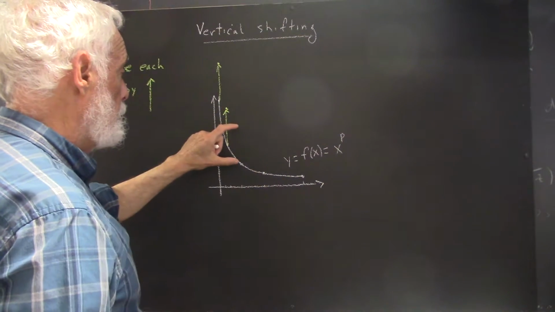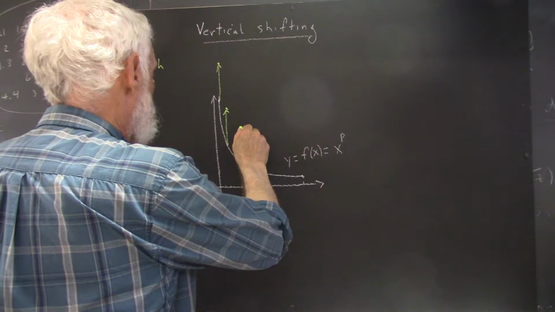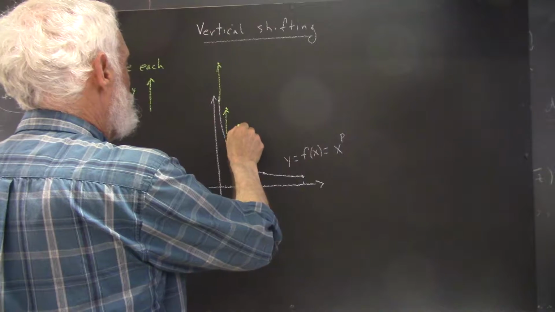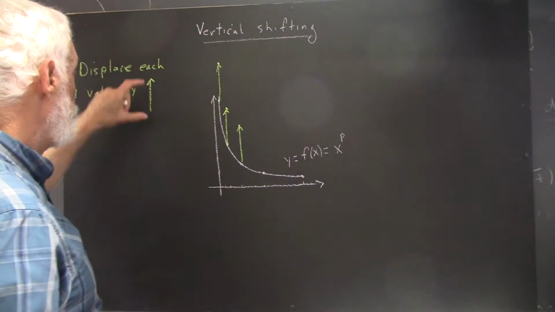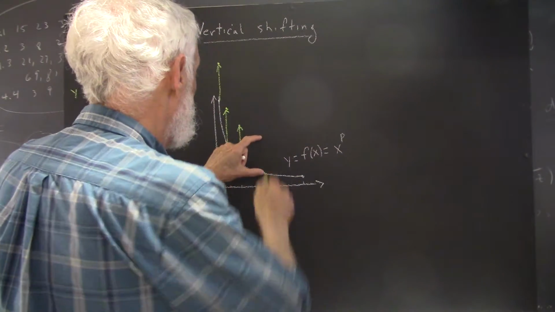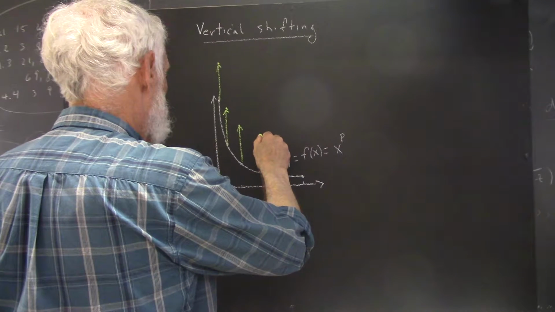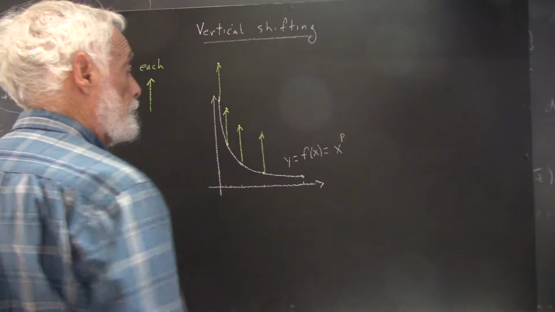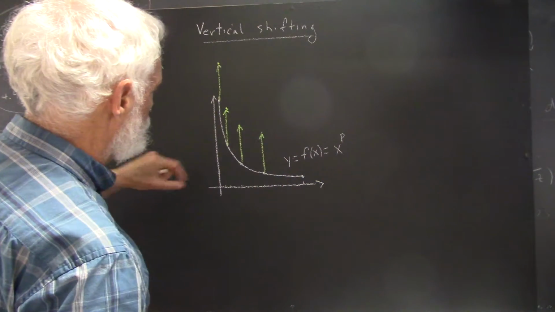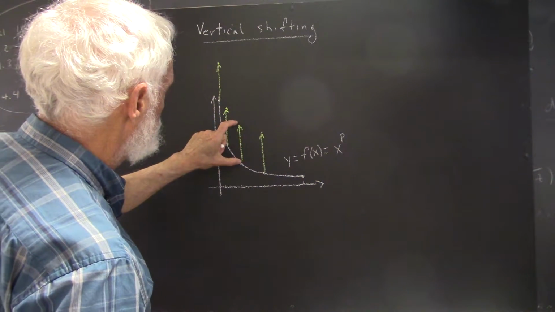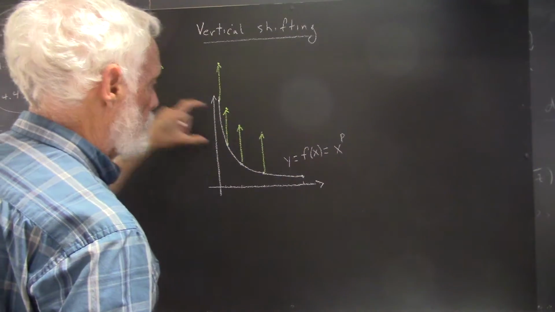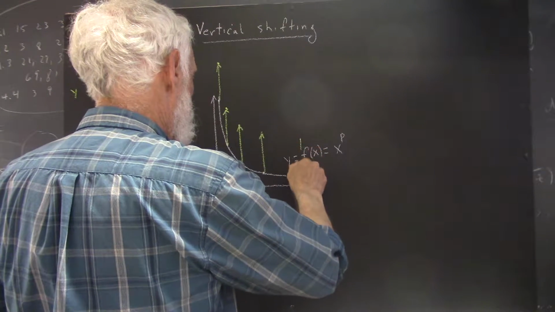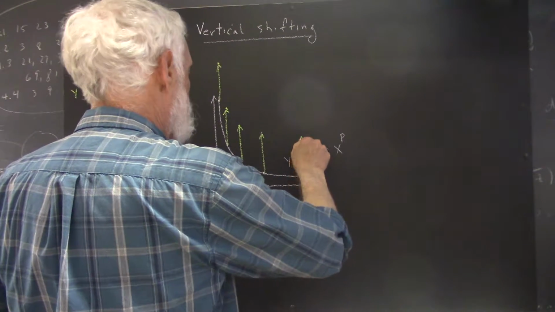Then again here, it's going to put me about here, and I'll draw the arrow, indicate that point. Again here, I think that's going to put me about here. Draw the arrow and indicate the point, and looks like that arrow's a little longer than this one. It's about the same. Okay, and then here. And I'll draw the arrow, but I'll kind of interrupt it for my labeling.